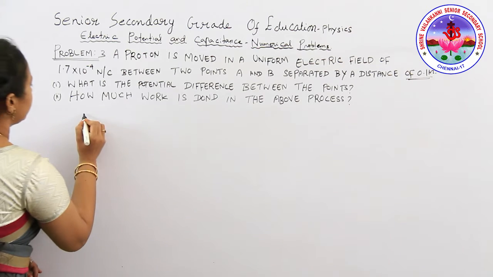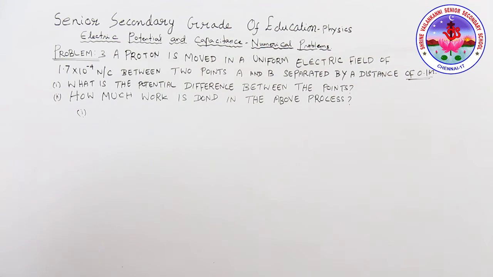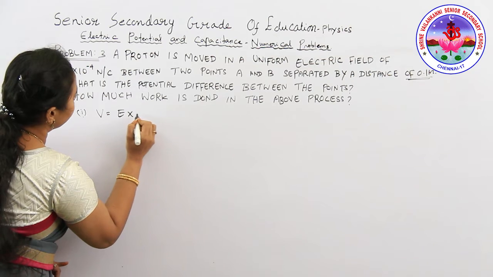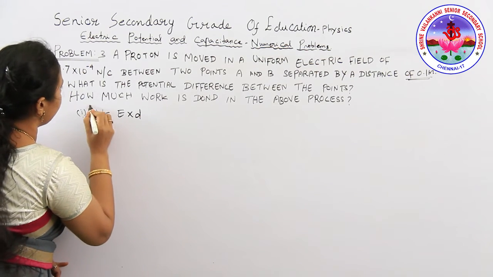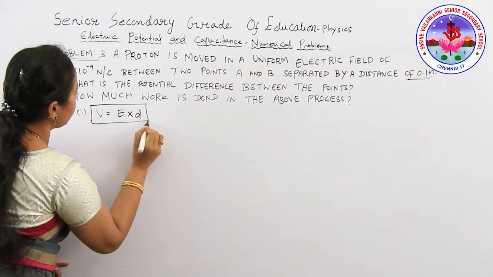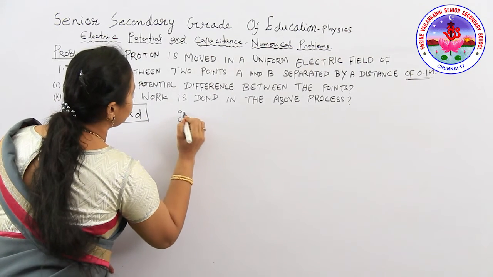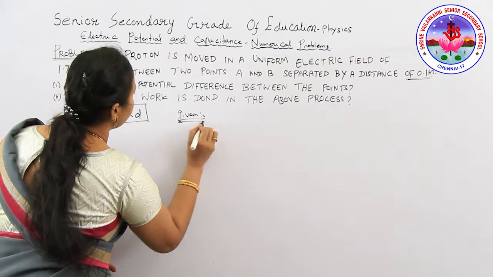So the first question: what is the potential difference between the 2 points? The formula is V equal to E into D. This is the formula for the first question, and we can write the given values.